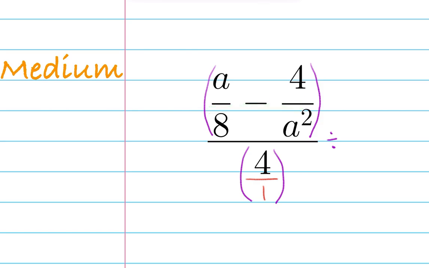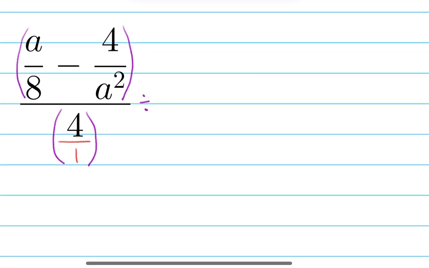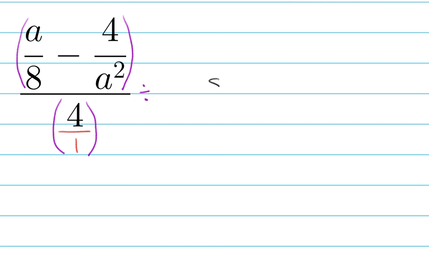So again, refresher on adding and subtracting fractions. You have to have the same denominator. So I have a over 8 minus 4 over a squared. Okay, we can't combine these because of the 8 and the a squared, so we're going to make them the same.